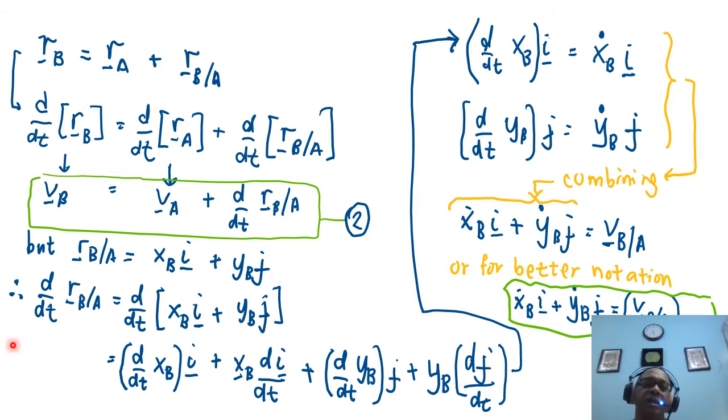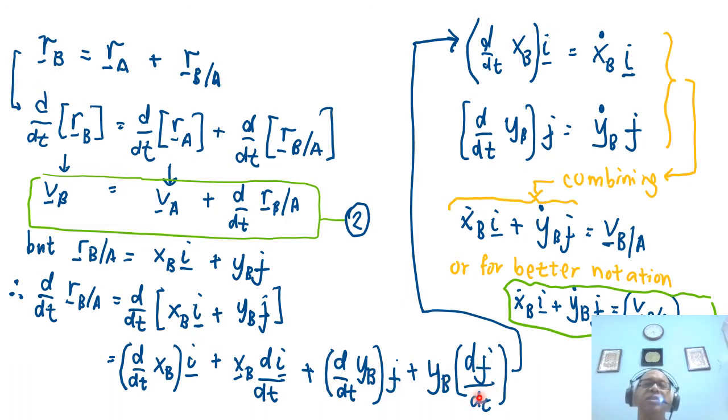So we differentiate the whole term, d over dt of xb i plus yb j, term by term: d over dt xb times i plus xb di over dt, and d over dt yb times j plus yb times dj over dt.